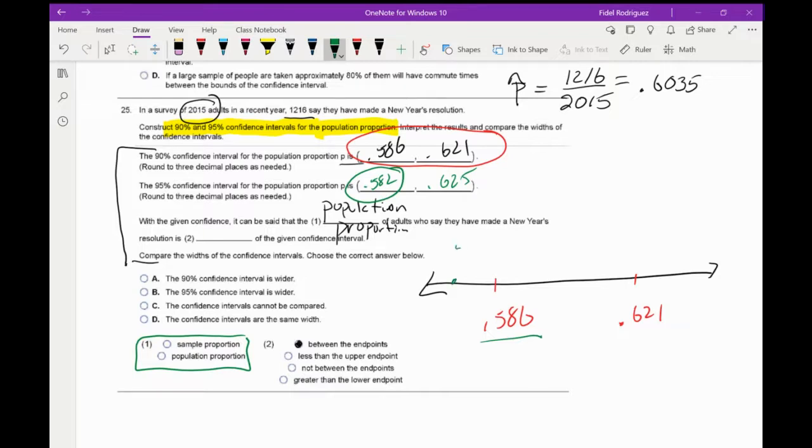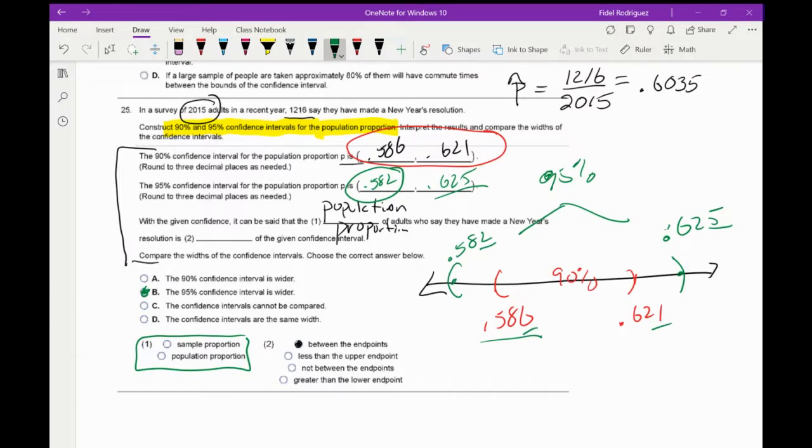Very good. Yeah, and the only reason is because 2 is smaller than 6, right? And the 0.625, it's going to fall to the right because 5 is bigger than 1, right? And so here is my 95% confidence interval, and here is my 90%. So again, we know that the 95% confidence interval is going to be wider.